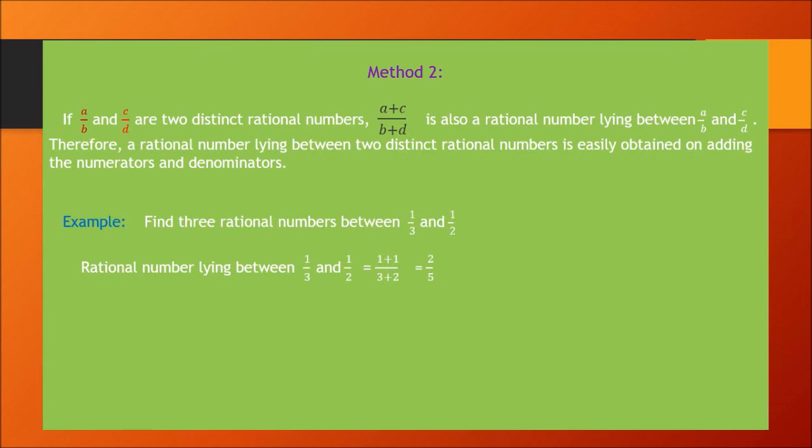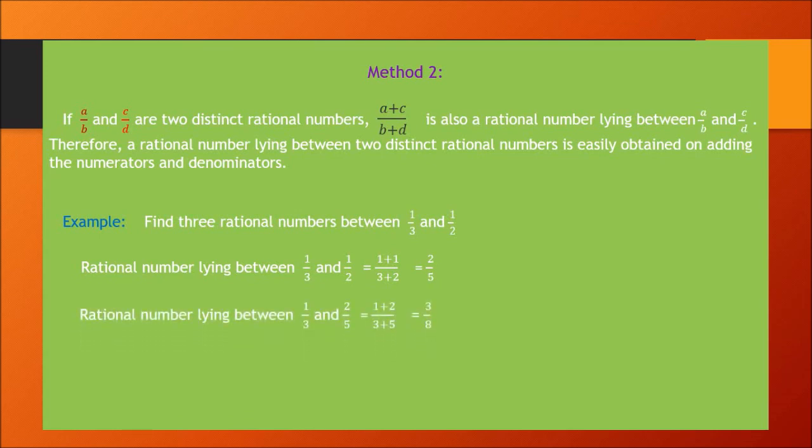So the rational number lying between 1/3 and 1/2 will be equal to (1 + 1) divided by (3 + 2), which gives the answer 2/5.